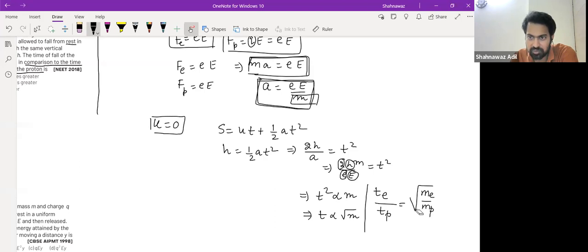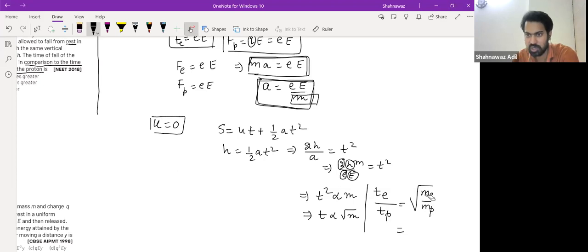So we know the mass of electron and the mass of proton. Which has the greater mass? Proton has the greater mass, right?